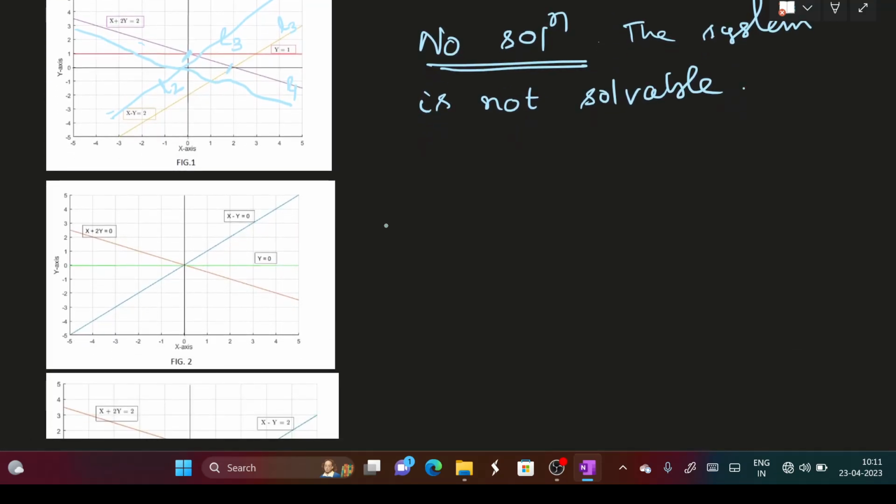Observe here, when my right hand side vector becomes the 0 vector, I have a common point, that is the origin. So x is equal to 0, y is equal to 0, z is equal to 0. This 0, 0, 0 point satisfies all three equations. Hence, it forms a solution.